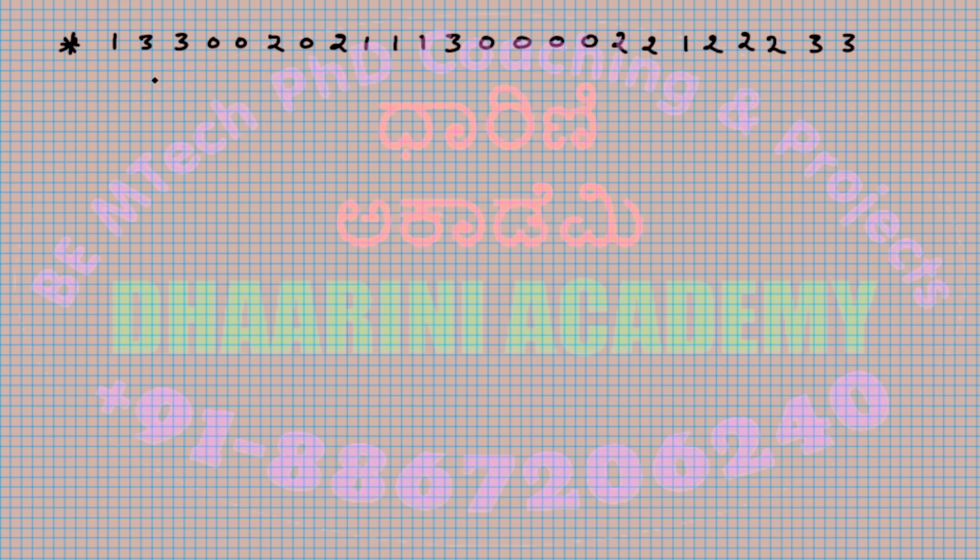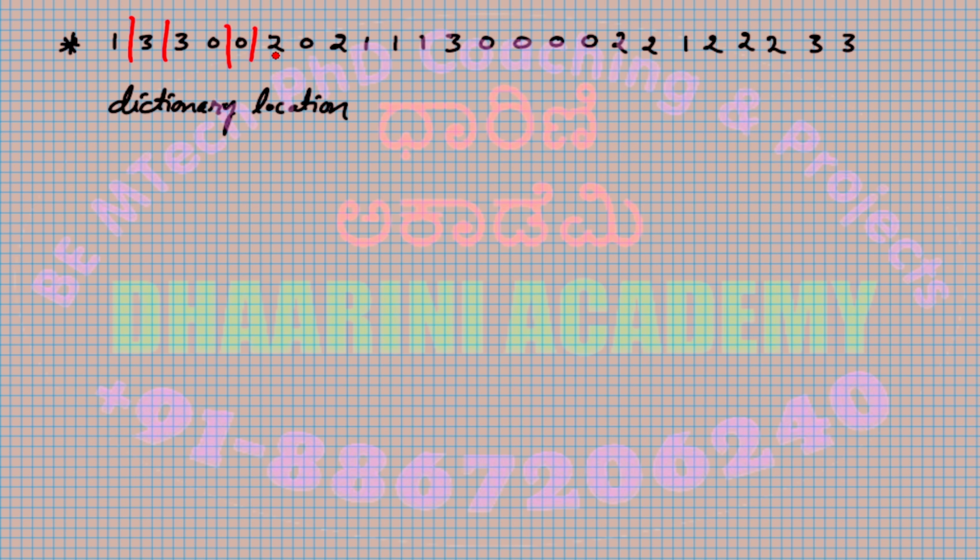I'll start with the location on the dictionary. Before that, you split this. Splitting happens in the following fashion: 1, then 3. 3, 0.